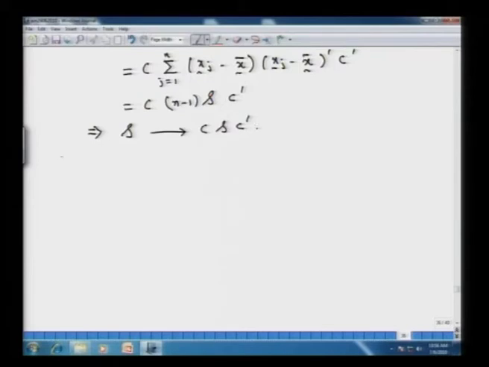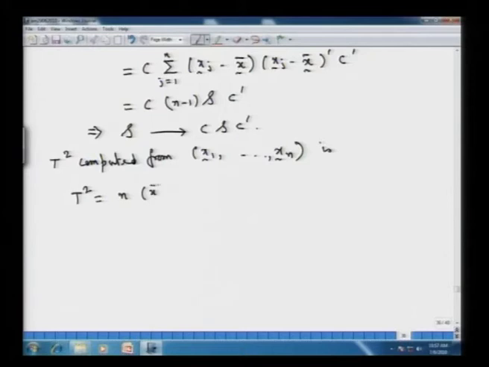Now, once we have these things in place, the T square computed from x1, x2, ..., xn, the original set of observations, is given by T square equal to n times (x bar minus mu naught) transpose S inverse (x bar minus mu naught).